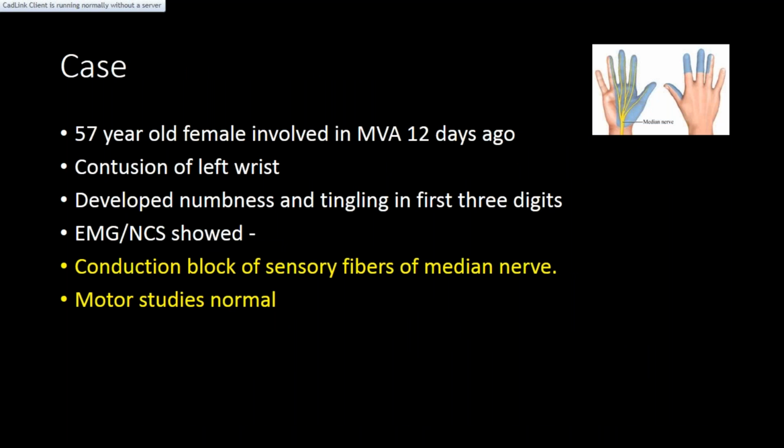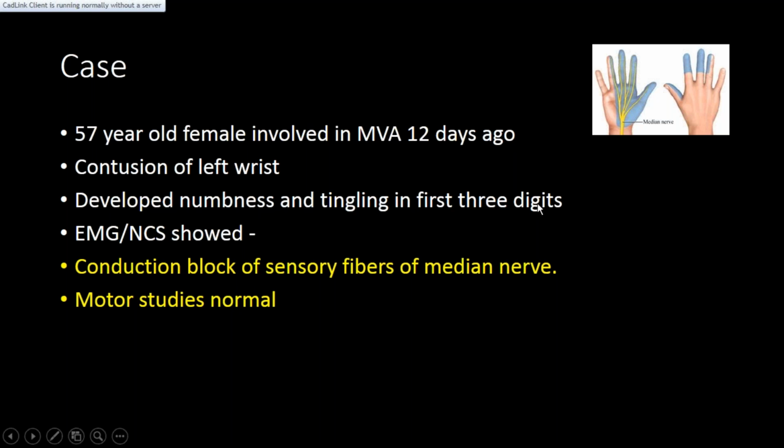This is a 57-year-old female who was involved in a motor vehicle accident just 12 days before she presented to the clinic. And that resulted in contusion of her left wrist, and she developed numbness and tingling in the first three digits. So we are thinking she is getting something like carpal tunnel syndrome, entrapment of median nerve at the wrist, secondary to trauma.